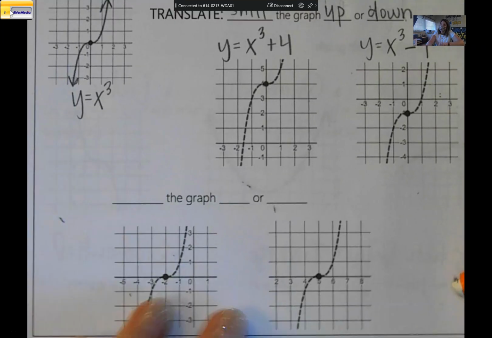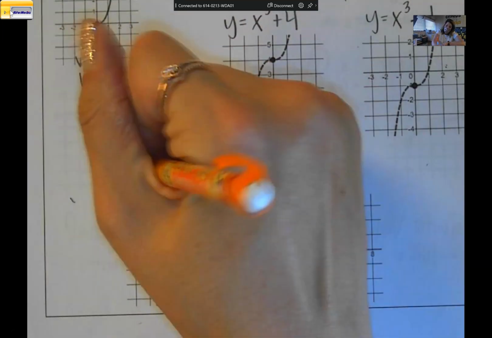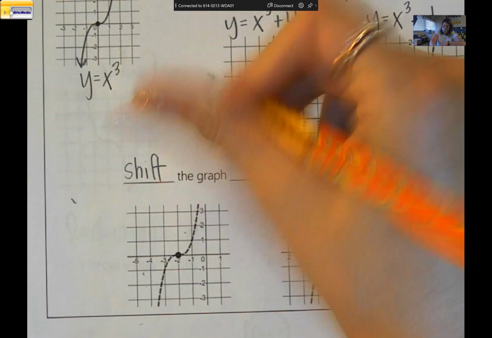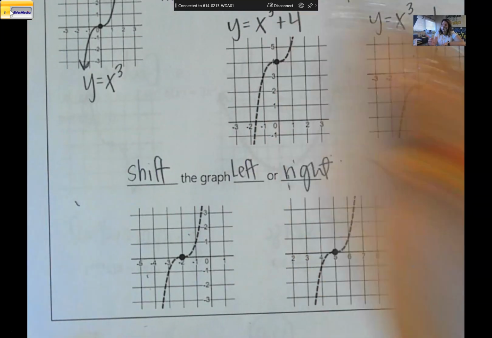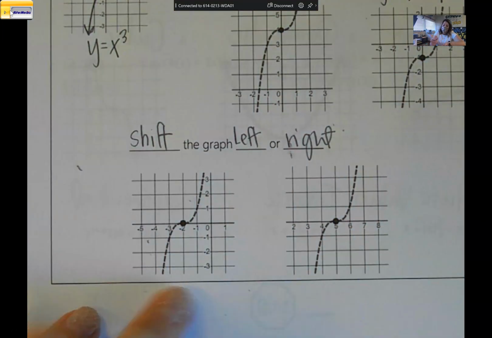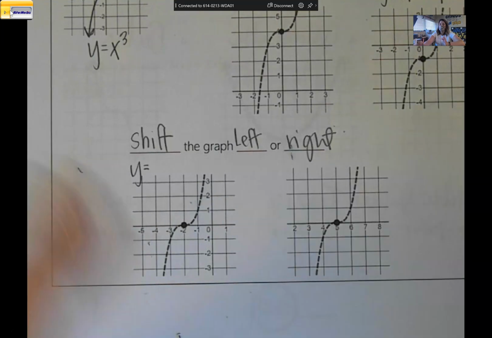Our next translation is the left or right shift. So this is the one that's weird. He has to be trapped in with the x. To move it left or right, it has to be with the x.